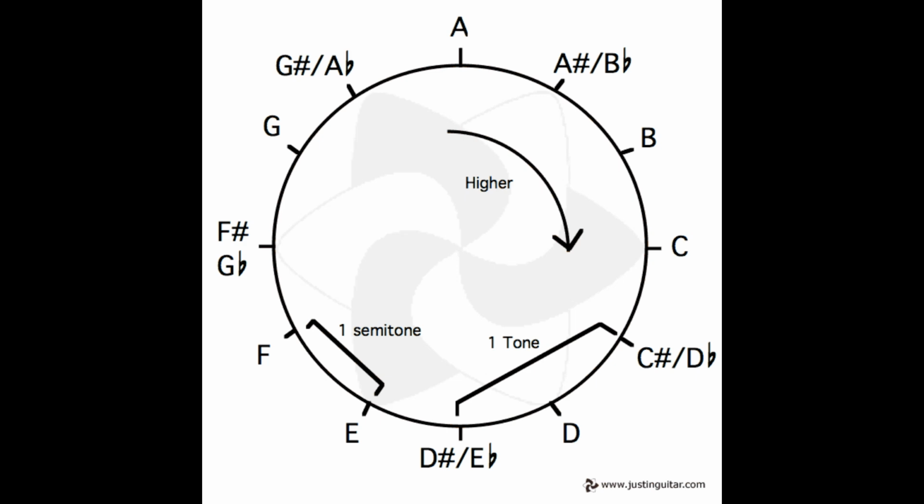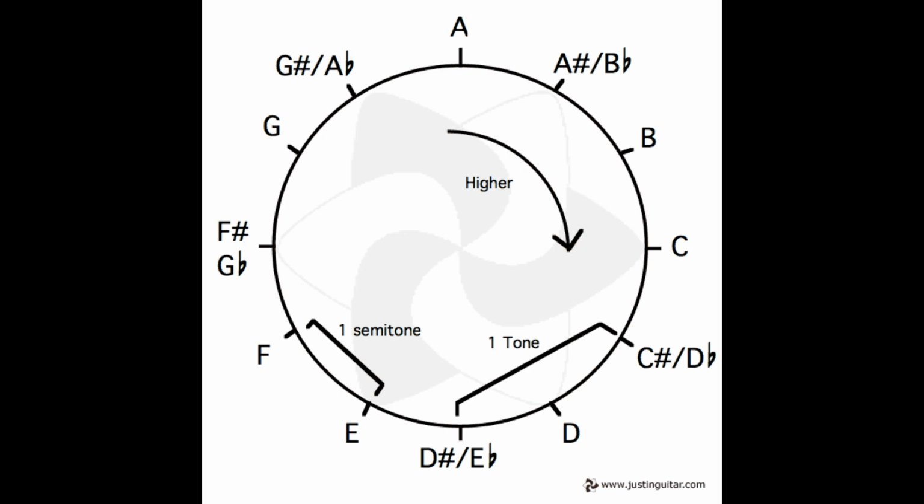Here's how these 12 notes are arranged: C, C sharp, which can also be called D flat, D, D sharp, or E flat, E, F, F sharp, or G flat, G, G sharp, or A flat, A, A sharp, or B flat, and finally B. After B, we return to C again, but one octave higher.